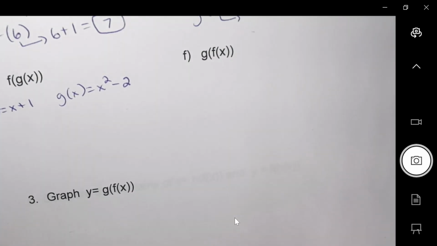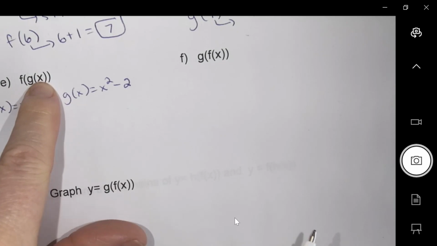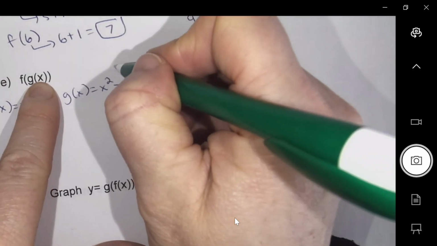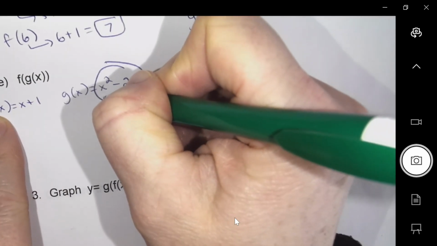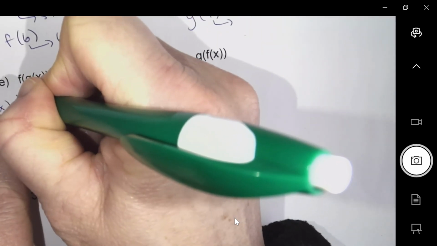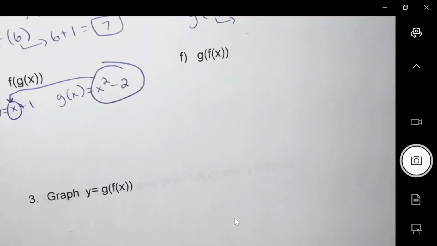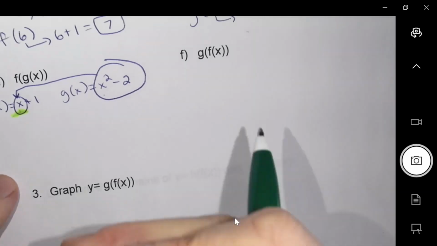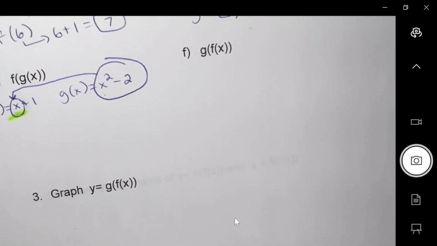Inputting with no actual value, but just functions. So this means the input is g, and you're going to put it into the f. So this goes into that. You replace the x with new stuff.